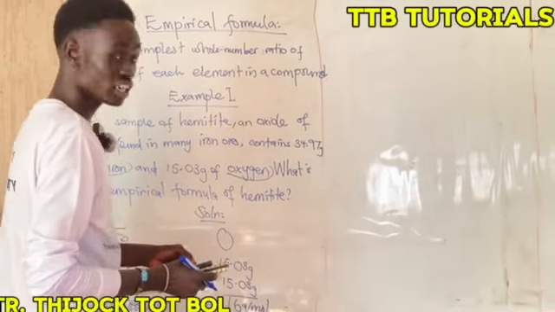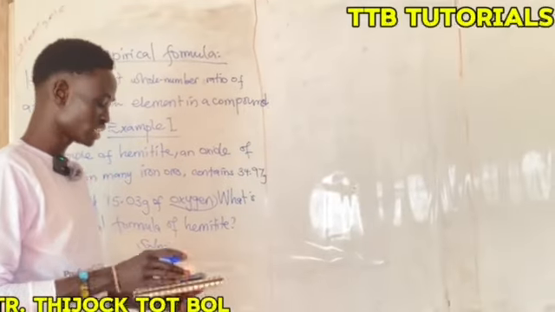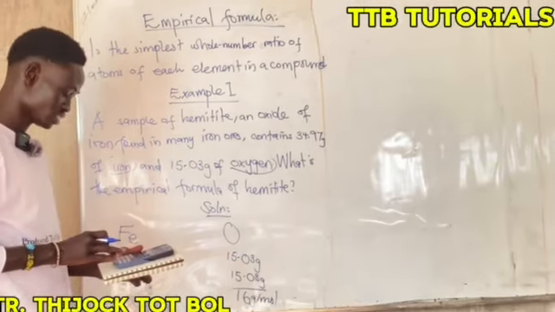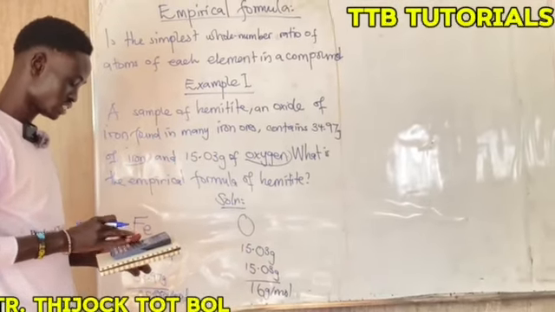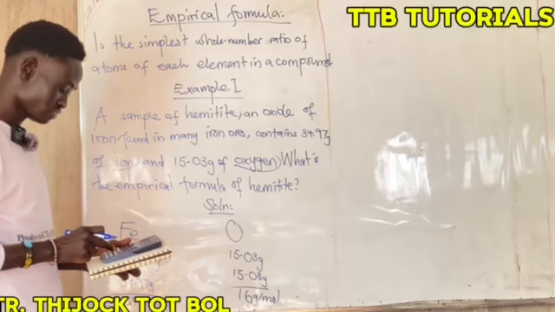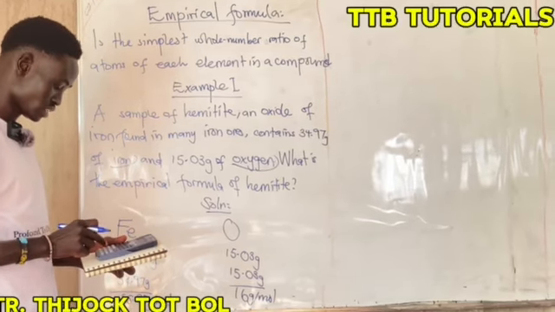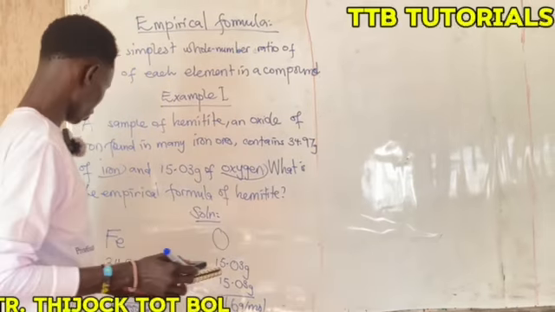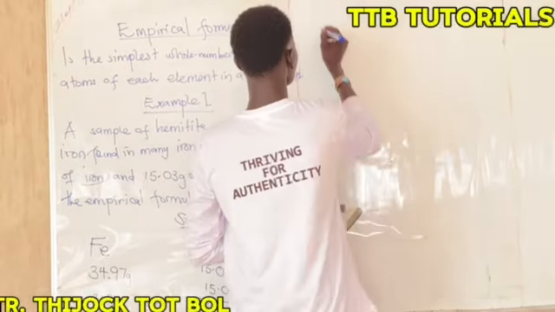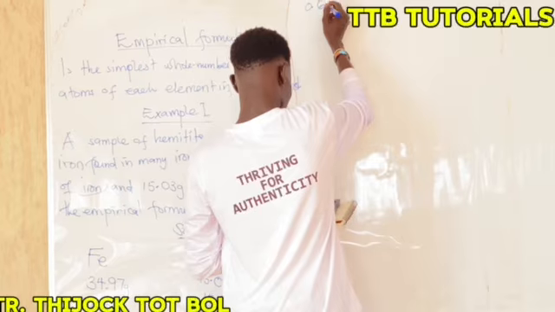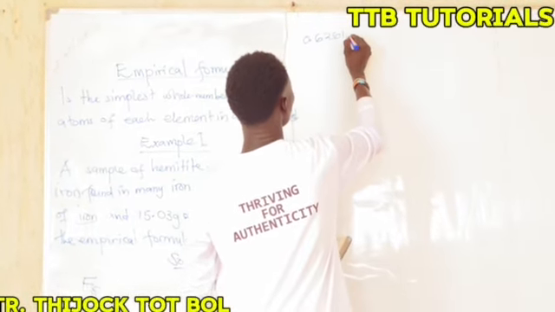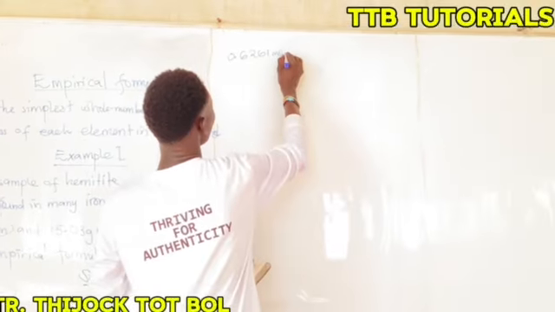So now here you can take your calculator. From there you divide 34.97 divided by 55.85. The moles for iron is 0.6261 moles.